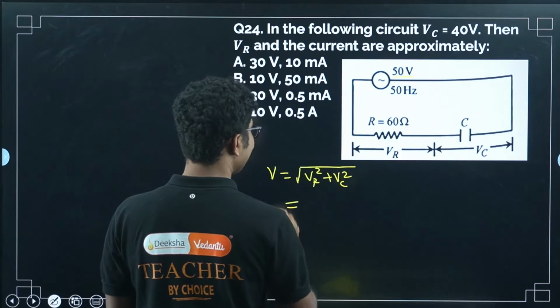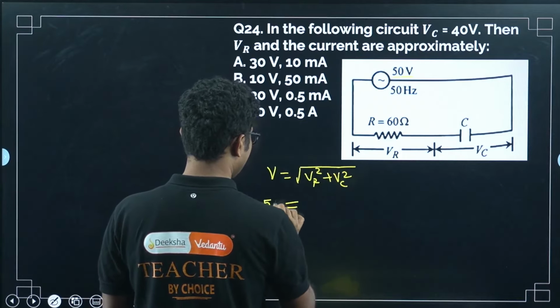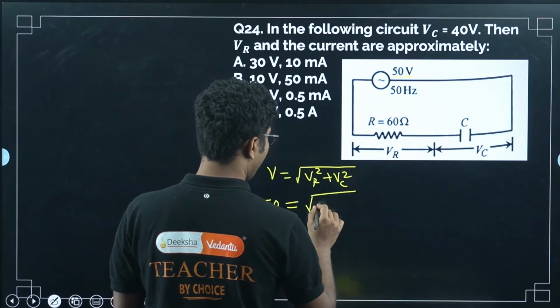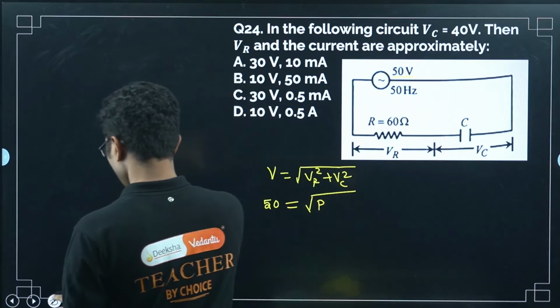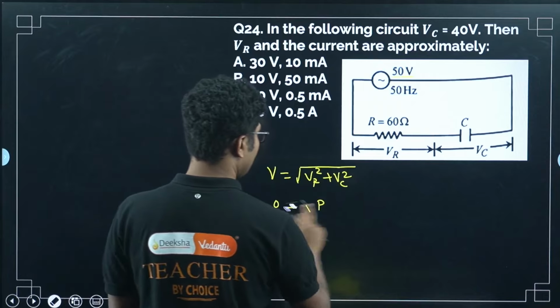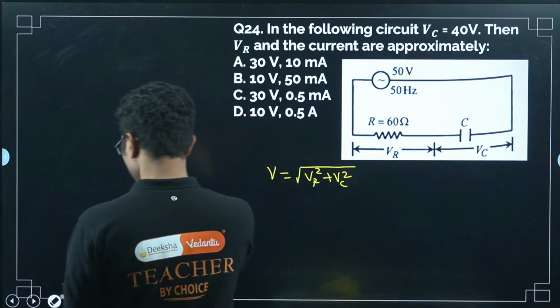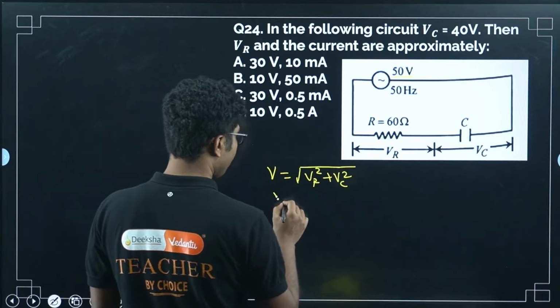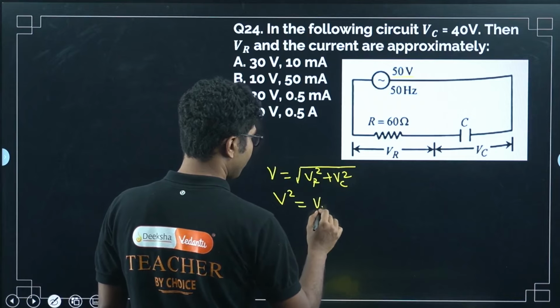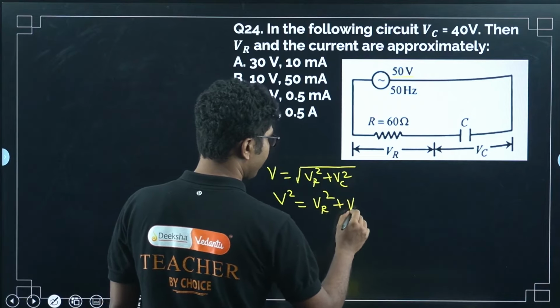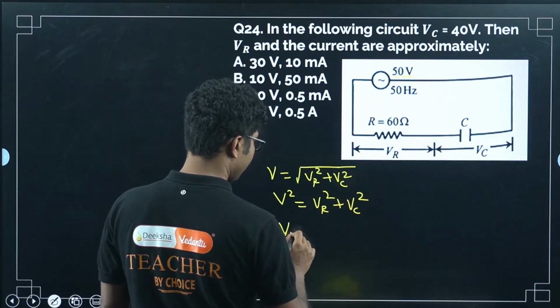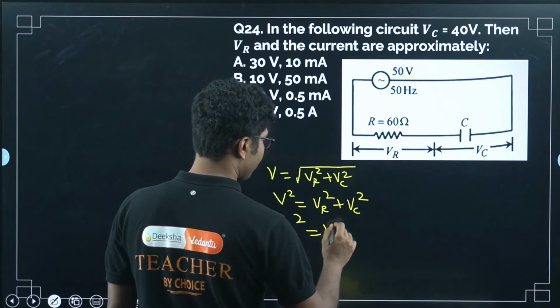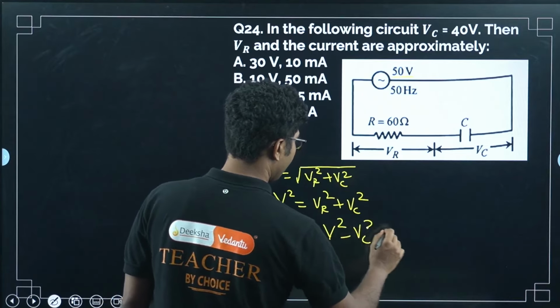V is given as 50, VR we don't know. Let me square both sides, it will be helpful. So V square is equal to VR square plus VC square, or VR square is equal to V square minus VC square, right?